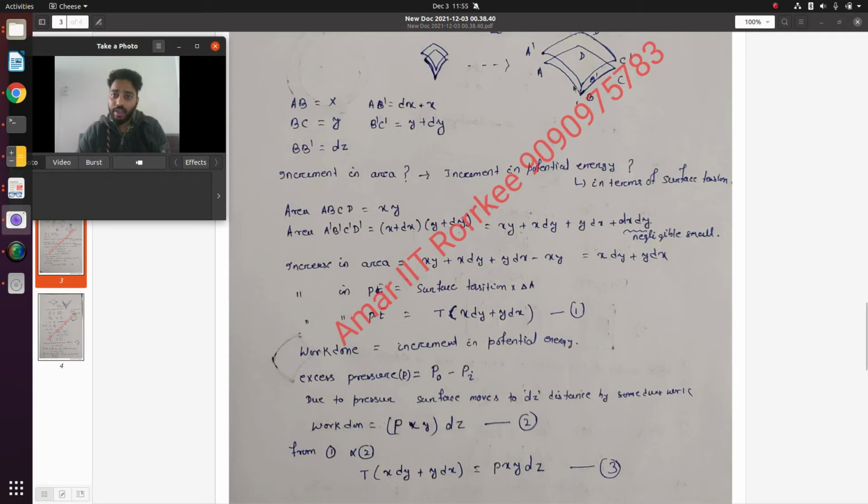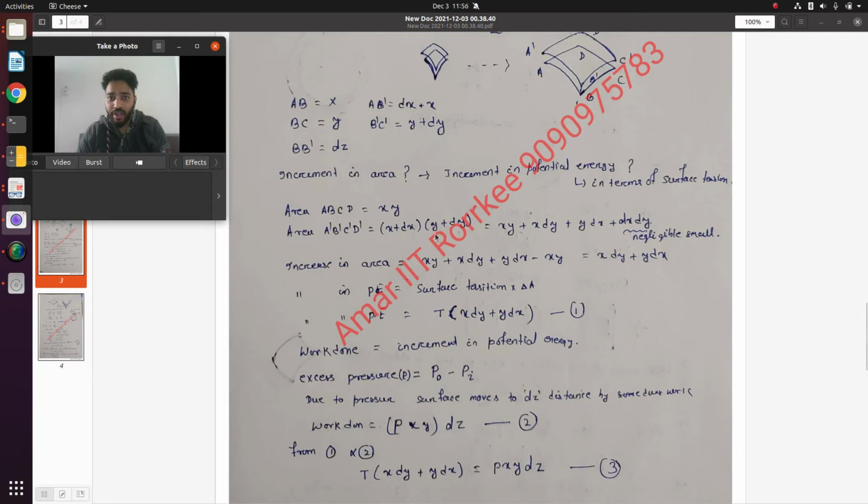So length AB into BC is the area of ABCD, which is x into y. The area of the expanded surface A prime, B prime, C prime, D prime is equal to x plus dx, that is the A prime B prime distance, into y plus dy, the B prime C prime distance.